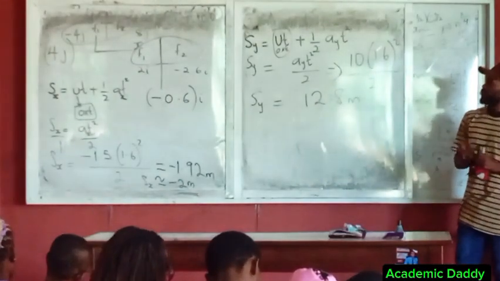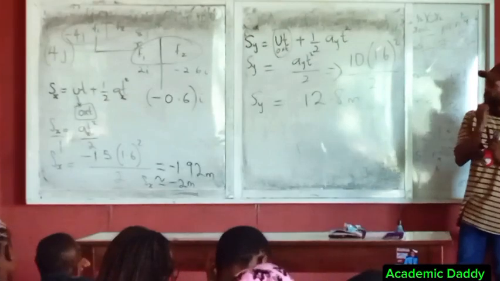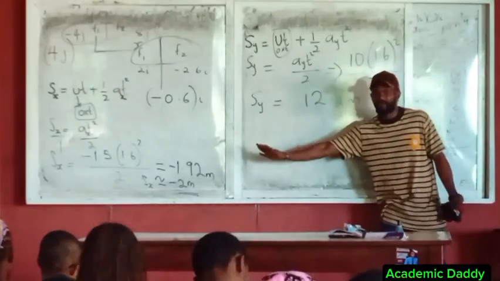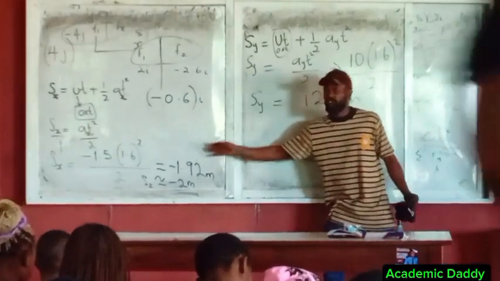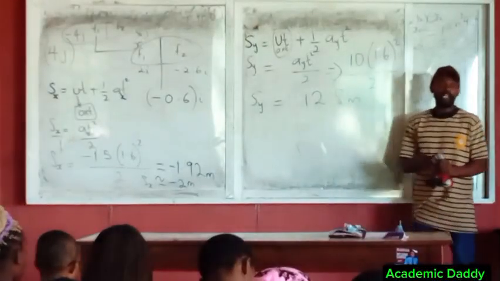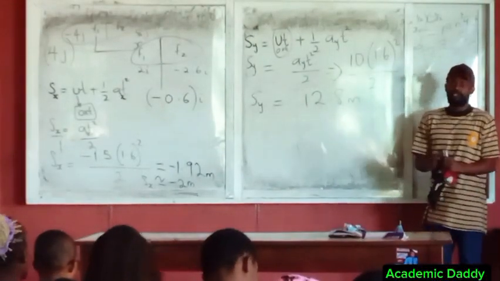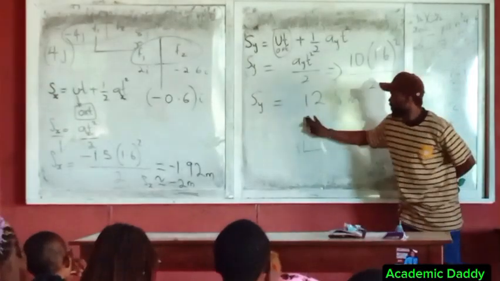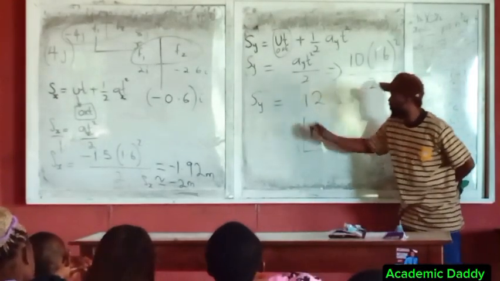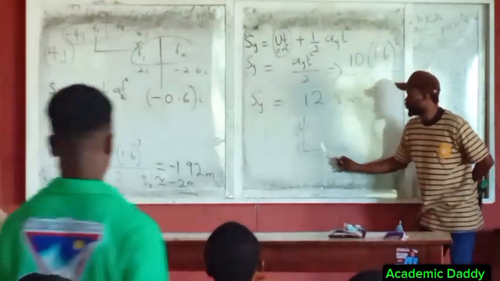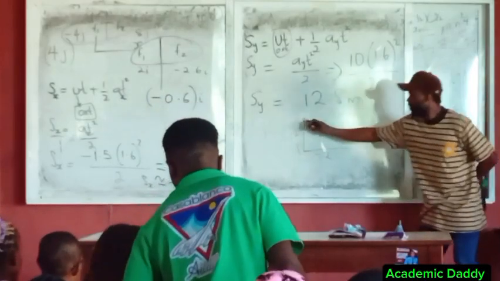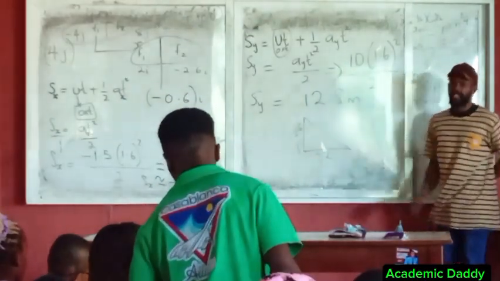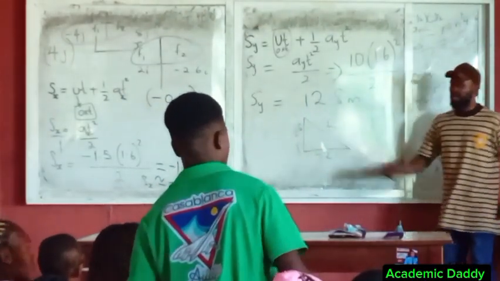Now you see here, what this simply means is that, for example, as I'm here now, I've gotten displacement of x-axis and displacement of y-axis. If let's say I have to find the total displacement, I can now bring this. Let's do our vector now. This is the y-axis, 12.8. This is minus 2. So to get the total displacement, this one becomes r.